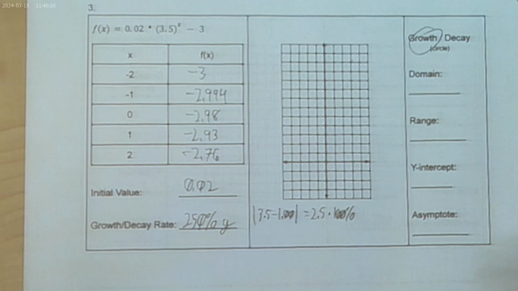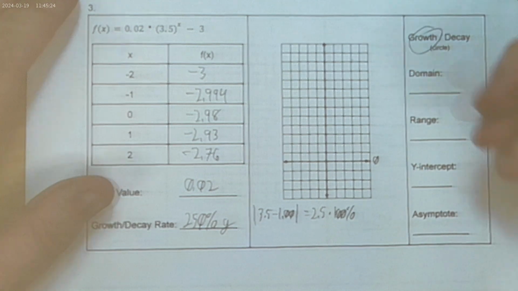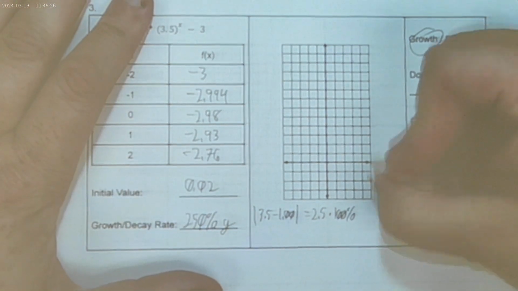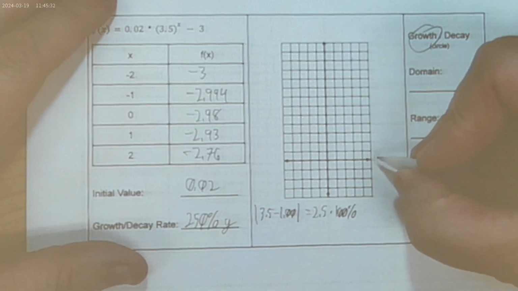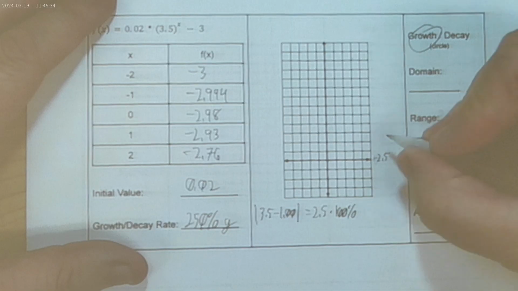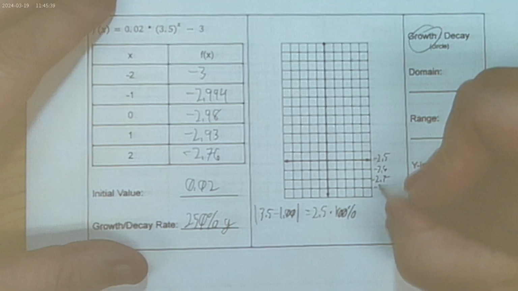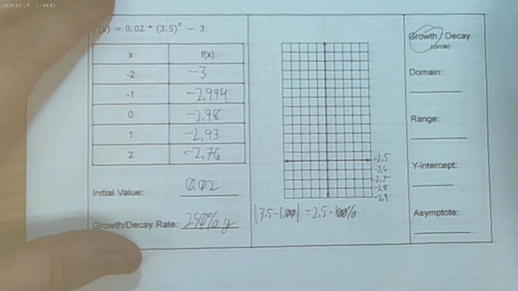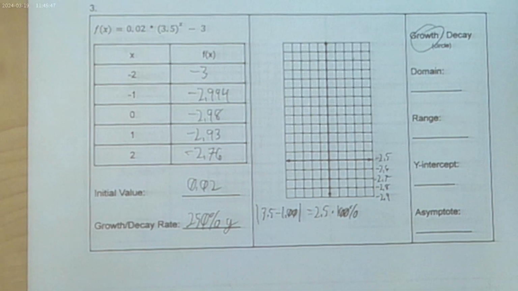You're not going to be able to see anything. So what I'm going to do is set this equal to 0. Well, actually, I'm not going to set it equal to 0. I'm going to set it equal to negative 2.5, negative 2.6, negative 2.7, negative 2.8, negative 2.9. So does this mean that there are some values that aren't going to make it on?